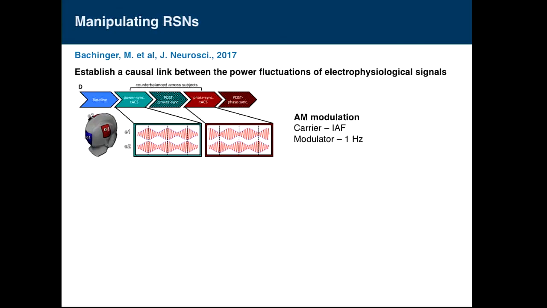They measured individual alpha frequency in the subjects, and modulated the envelope of those individual alpha frequencies. Their modulator was a slow frequency, 1 Hertz, and in one condition they modulated the envelope of the current imposed in 2 electrodes, the electrodes in red, roughly above the motor cortex.